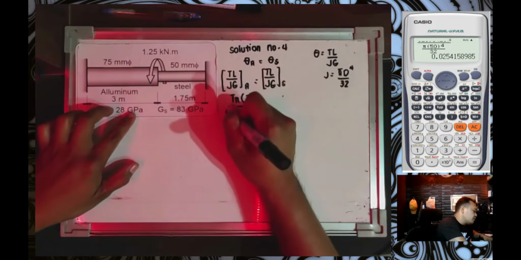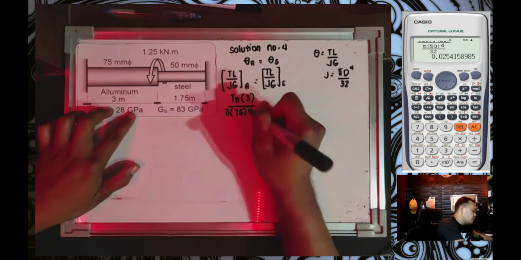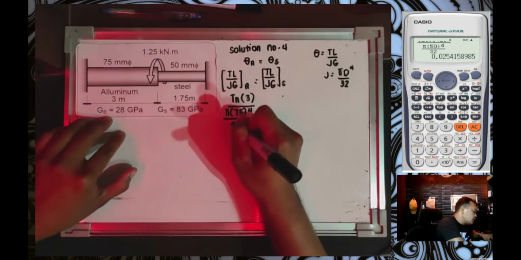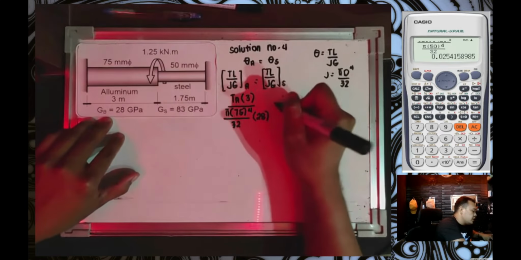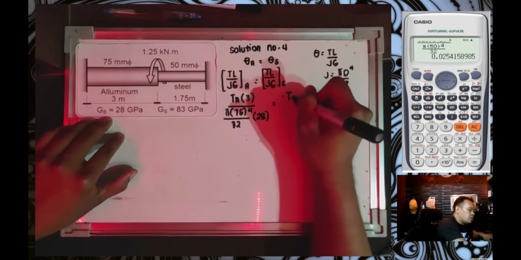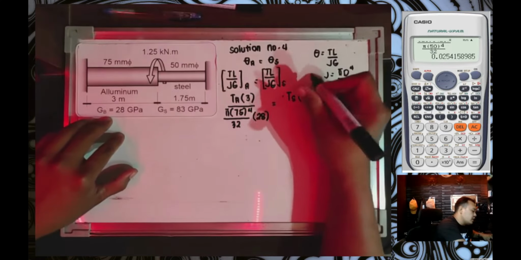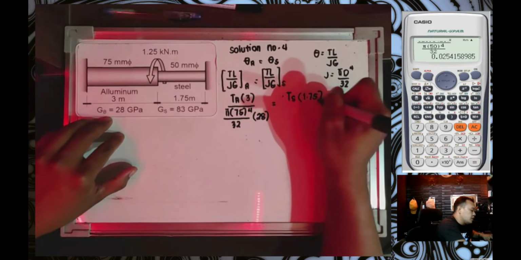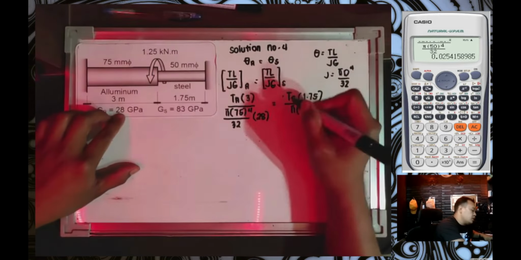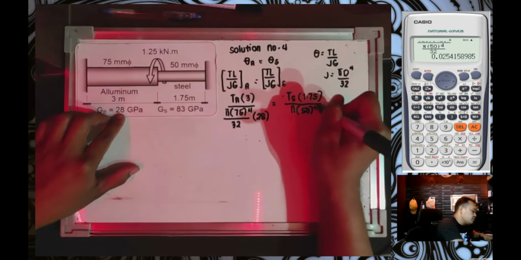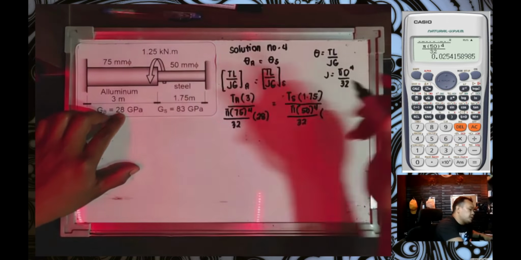So we have here pi times d, which is 75 mm, raised to 4 all over 32 multiplied by the G, which is 28 GPa, equals torsional force acting on the steel multiplied by the length of steel, which is 1.75, divided by pi times the diameter of steel, which is 50 mm, raised to the fourth all over 32 times 83 GPa.